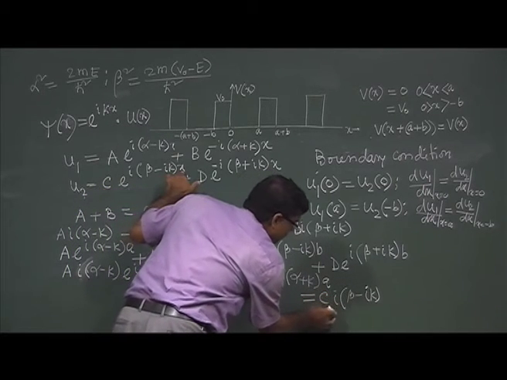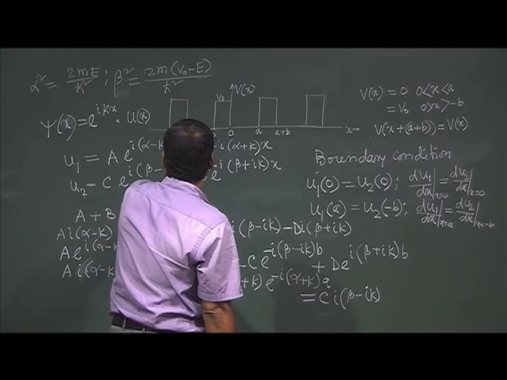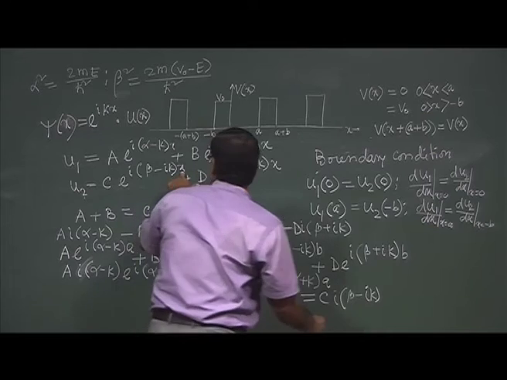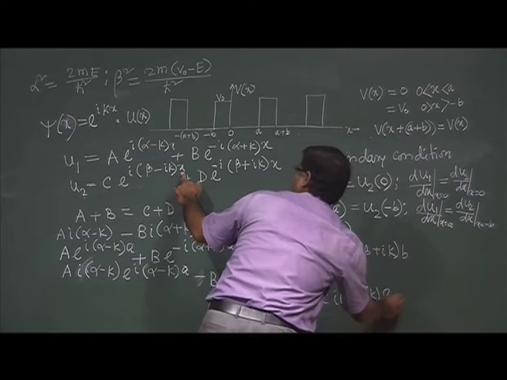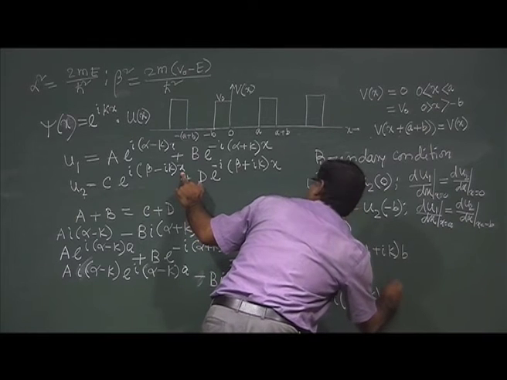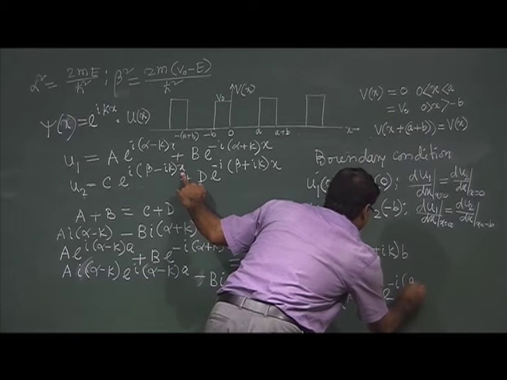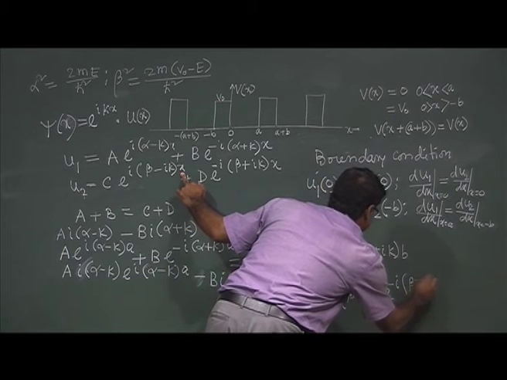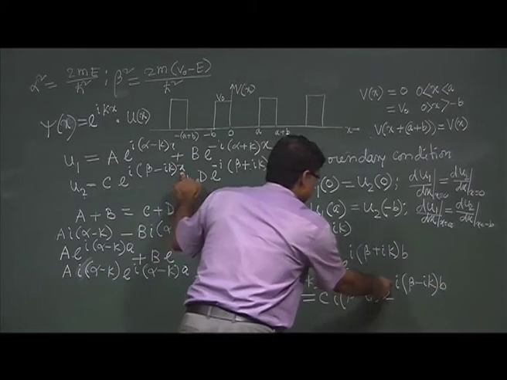So, I have to put e to the power minus i(beta minus i k) b. So, minus b, so minus I have taken here.